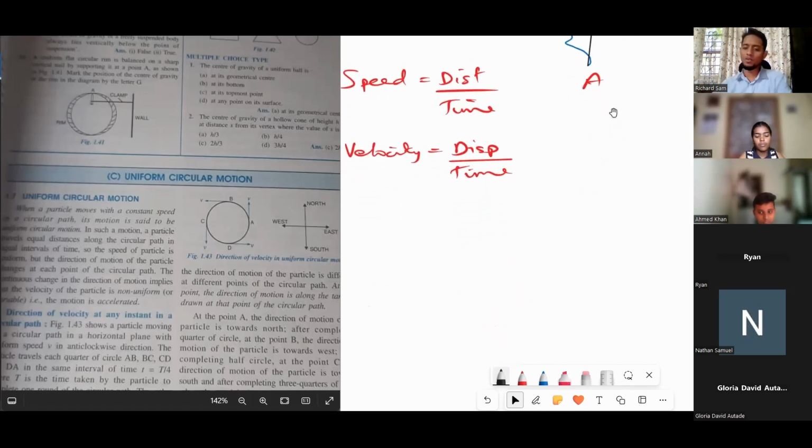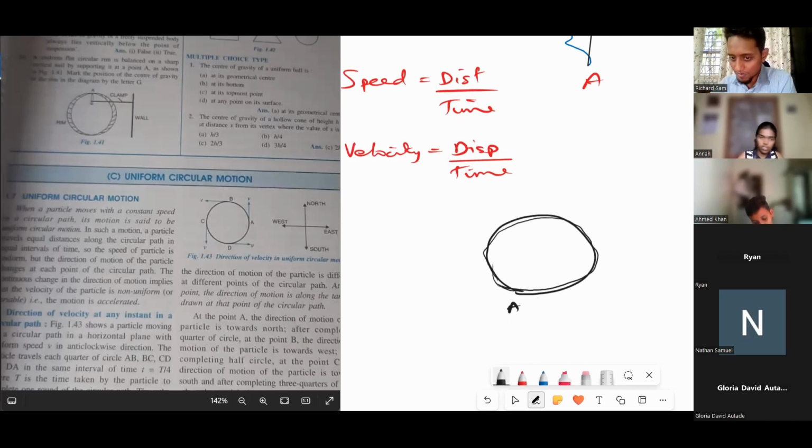Same thing can be said even if you're going in a circular direction. So you start at the point A. As you're moving along the circle, my distance is continuously increasing. If I keep going round and round, the total distance keeps increasing. But what's happening to displacement? The farther I go away from A, displacement is increasing.